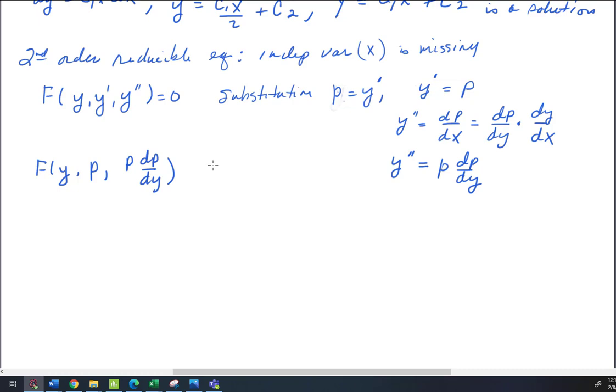So this is a differential equation with independent variable y and dependent variable p, which kind of explains what we're differentiating with respect to. And if you look here, the derivative is dp dy. That's a first order differential equation. So we've taken what was a second order differential equation, and by substitution we've made it into a first order differential equation, which we hope we can solve with methods that we're already familiar with.